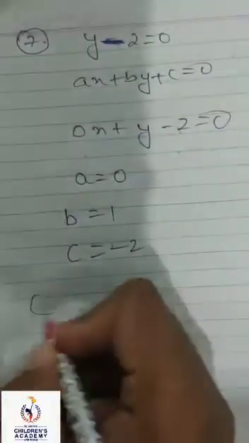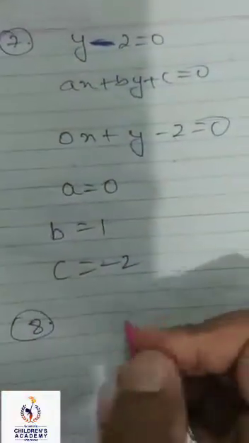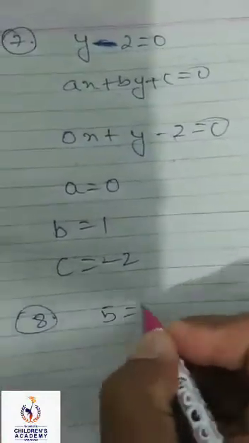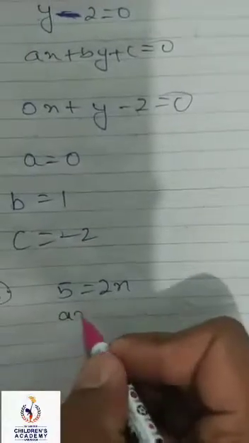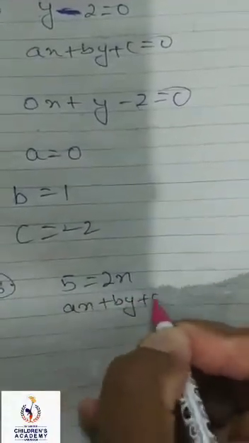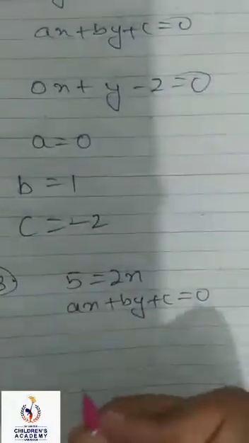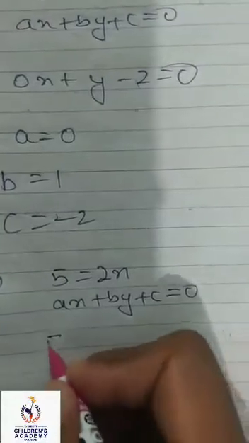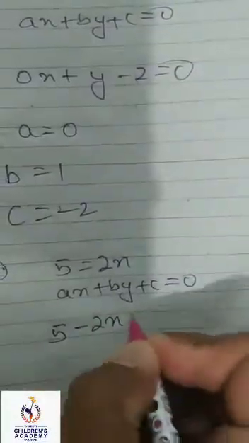Okay, now the last question, question number 8 of this exercise. 5 is equal to 2x. So we have to show it in the ax plus by plus c is equal to 0 form. So first of all, 5 minus 2x is equal to 0.